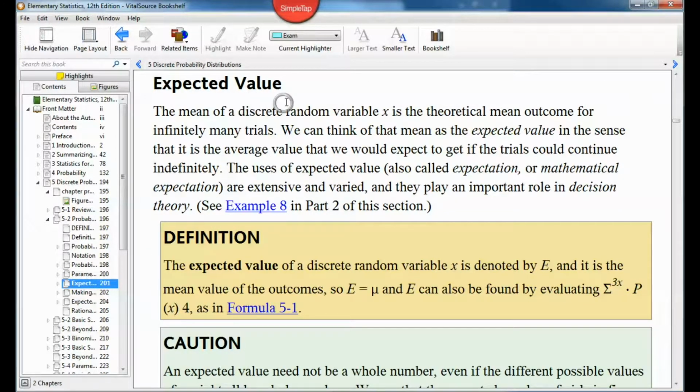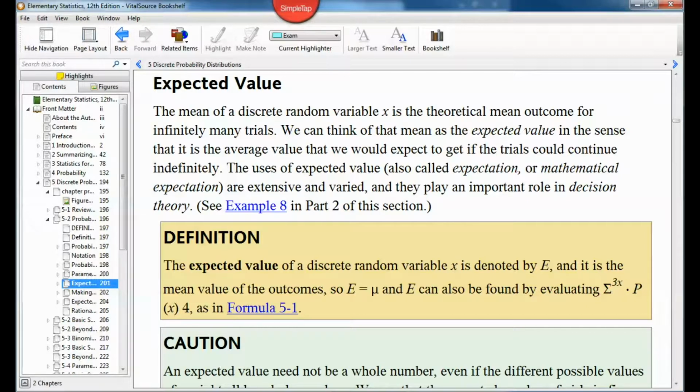The mean of a discrete random variable x is the theoretical mean output for infinitely many trials. We can think of the mean as the expected value, in a sense that it is the average value we would expect to get if the trials could continue indefinitely. So on and on and on forever.